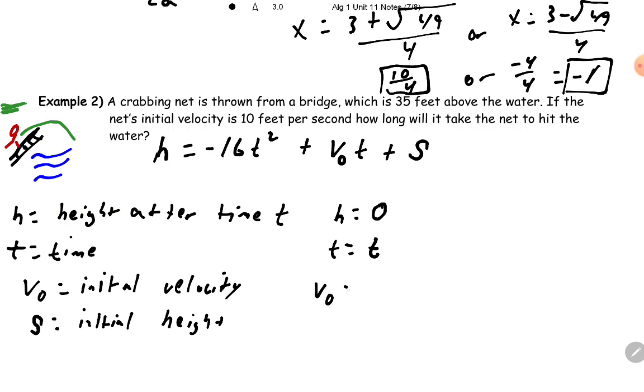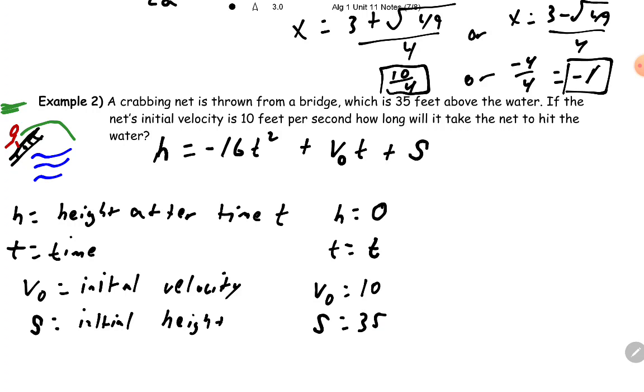Our initial velocity, so the speed of the net, is 10 feet per second. So he threw it, and as it was leaving his hand, it was going 10 feet per second, and then it falls into the water. S is the initial height. He was on a bridge 35 feet above the water.